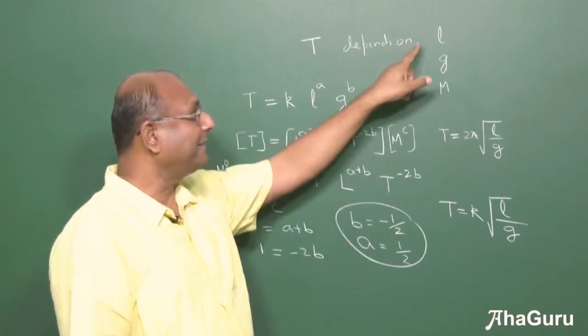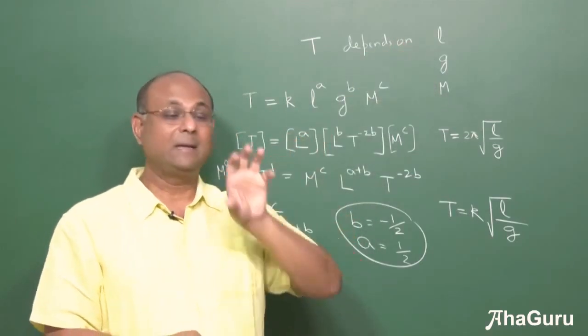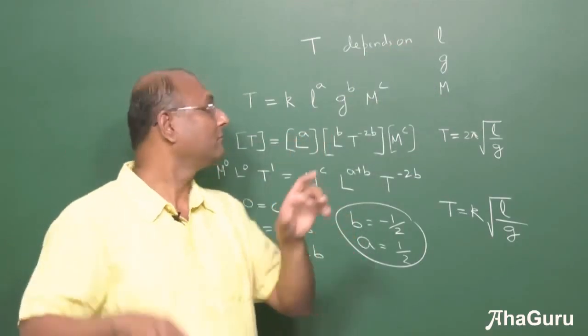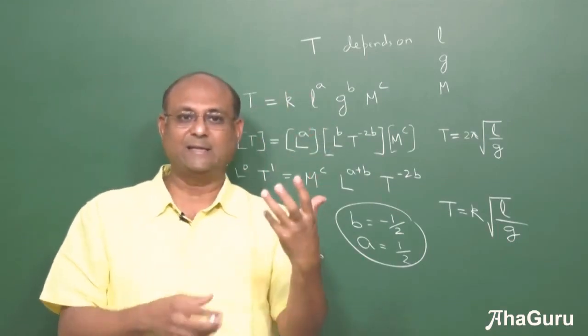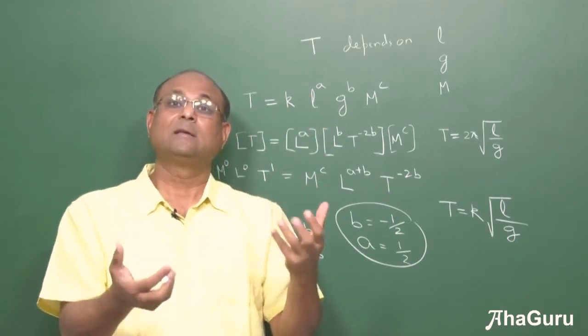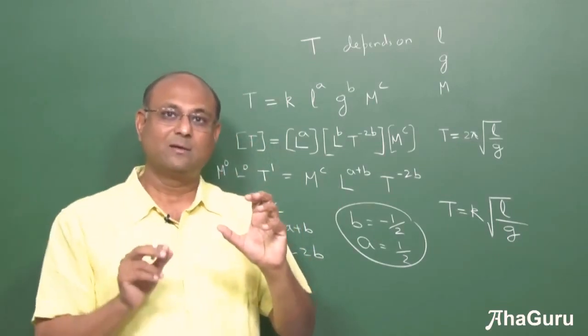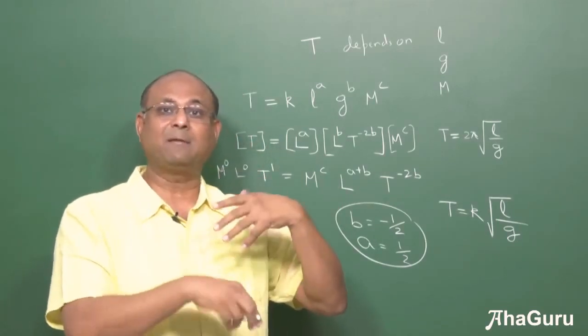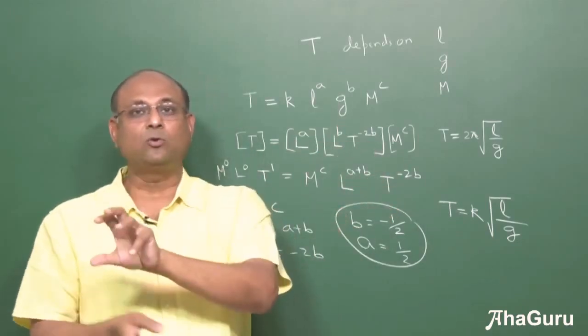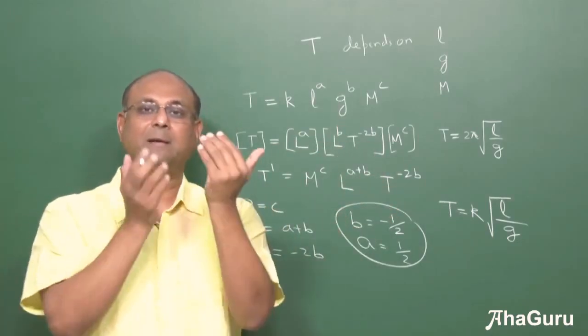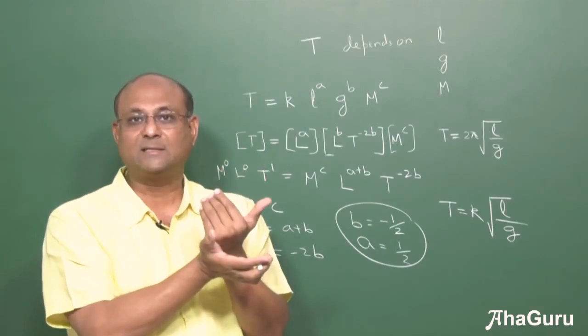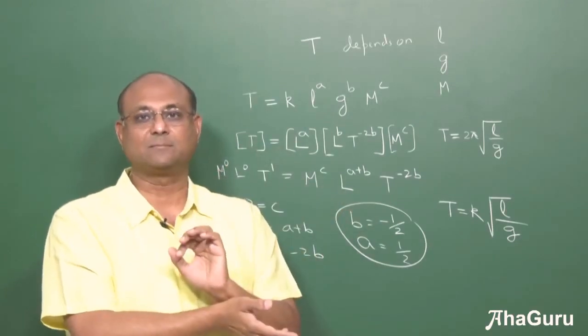And remember, whenever it depends on multiple factors, it depends on A and on B, some factor A and factor B. That means together it depends on the product A into B. That A itself may be A power 2 or A power 3 by 2 into B power 7 by 3. Right? But it is a multiplication of the two factors and not an addition of the two factors. Okay?